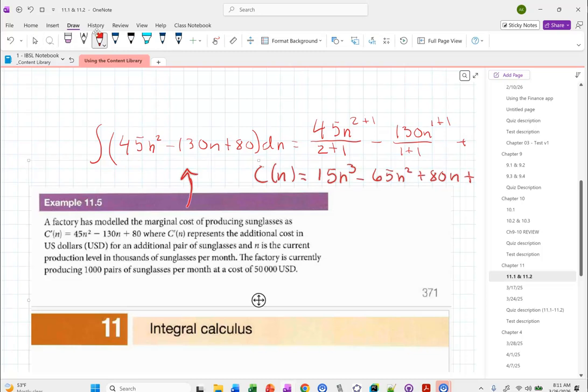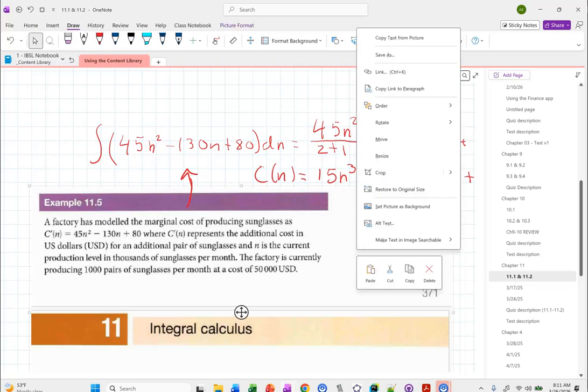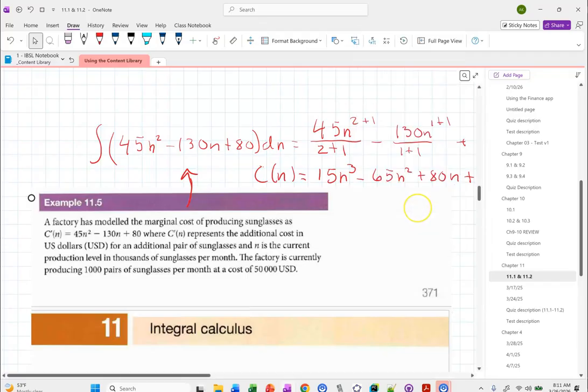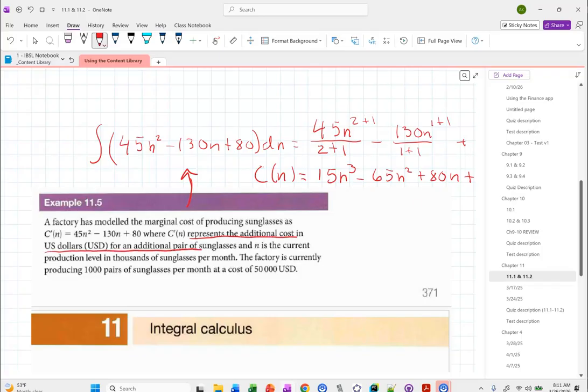So the only catch here is that the IB loves to do stuff like this. What is n representing?